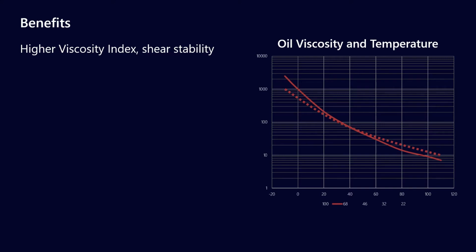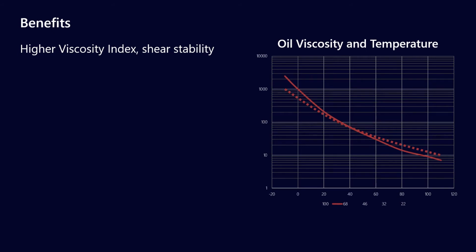Now, why does this improve the shear stability? Well, it's got nothing to do with the inherent properties of the base oil. Shear stability isn't really a function of the base oil. It's more the fact that if I wanted to achieve a higher VI with a mineral oil, I would need to add in viscosity improver additives.